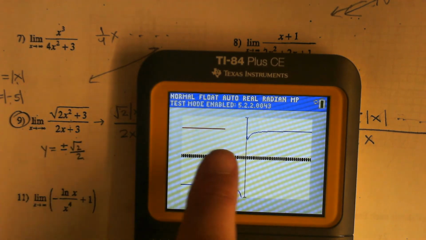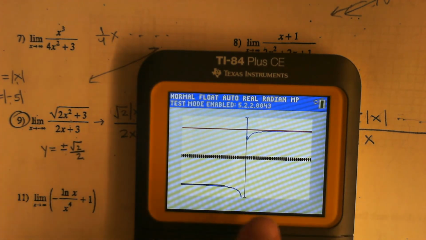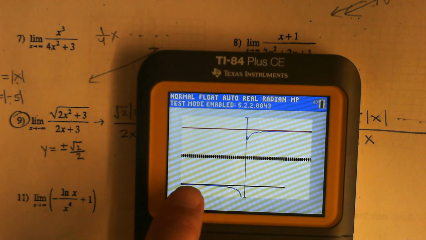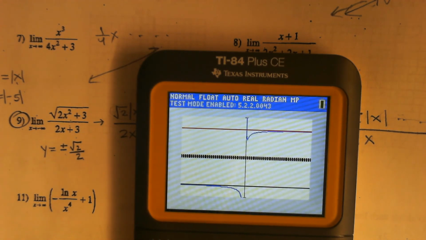And then there's your horizontal asymptote. So that blue line is increasing towards it, and this blue line is going up and up towards that as well. So two horizontal asymptote situations, one guiding end behavior in the positive direction, the other one guiding end behavior in the negative direction. Okay.